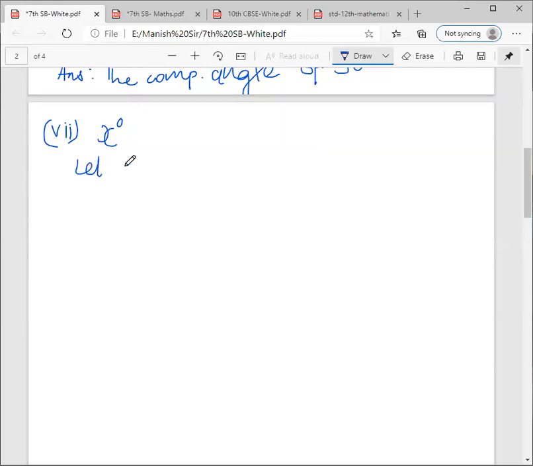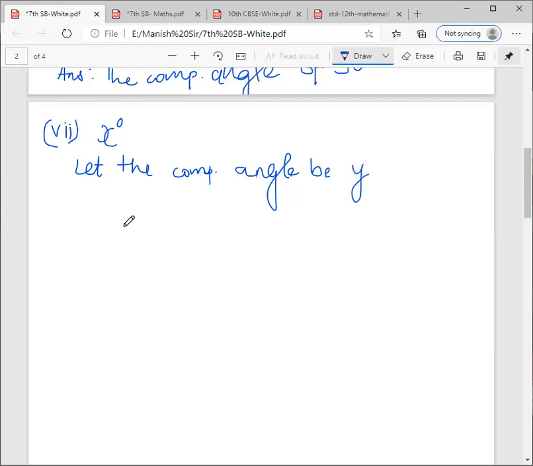Let the complementary angle be, again I'm writing m, let's say. You can write y also. Let the complementary angle of this be y. Let's say we will take y now.